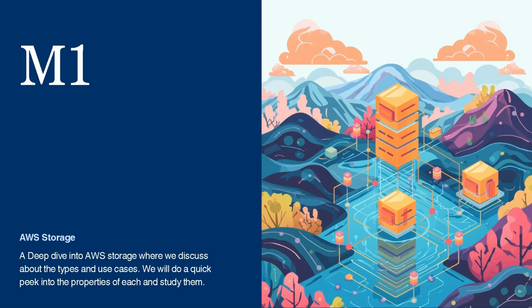We have Glacier Flexible Retrieval, Deep Archive, and Instant Retrieval. So we'll be learning everything and when to use it. And also we have something called EBS, but it is not used outside. But when you create an EC2 instance, we usually use EBS over there. I mean, AWS uses it to create that storage.